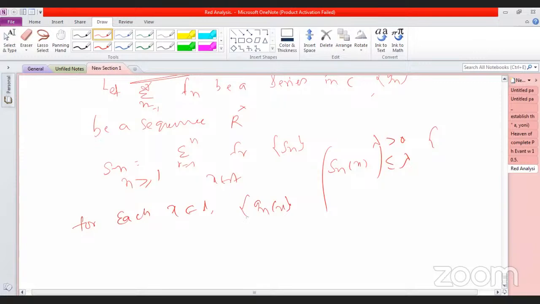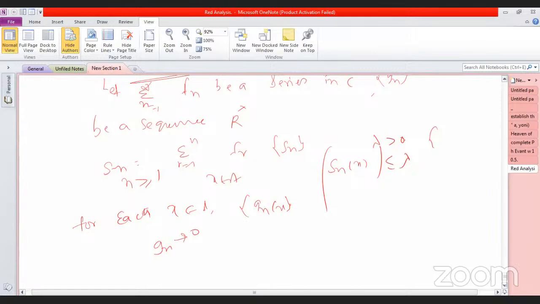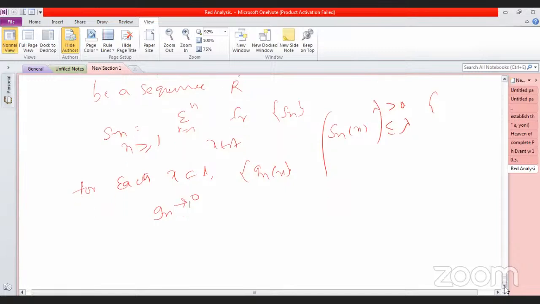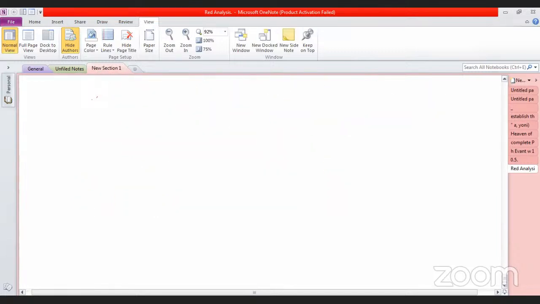So it is decreasing, and therefore g n tends to 0 uniformly on A. This is the statement: the summation of n equal to 1 to infinity of f n g n converges uniformly on A.